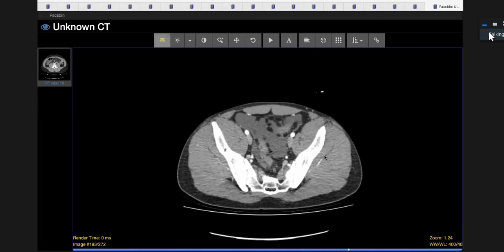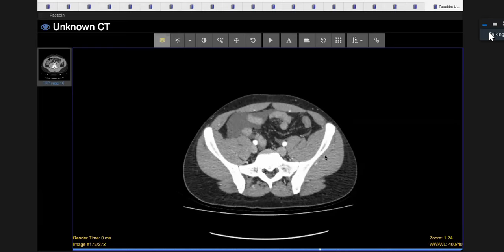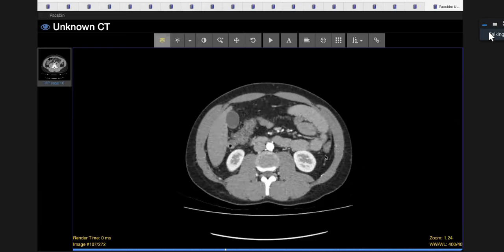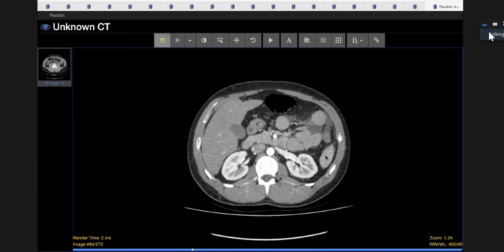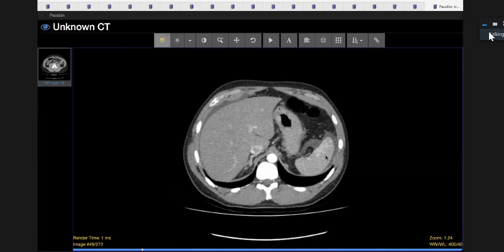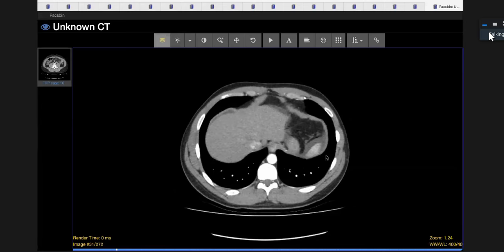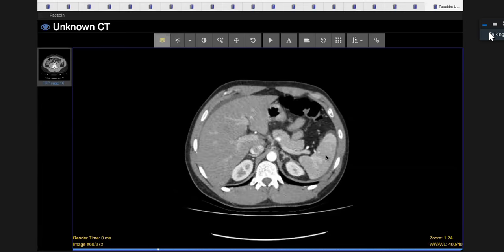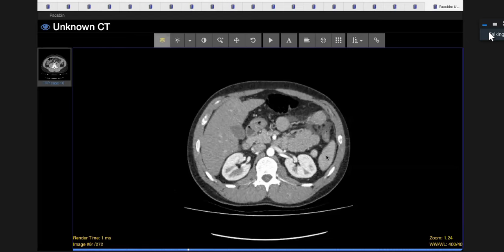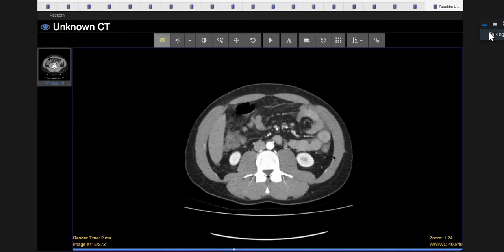The most striking thing I can see is that there is a small volume of ascites in the abdomen. I'm going to go through the routine areas to see if there's any particular cause.